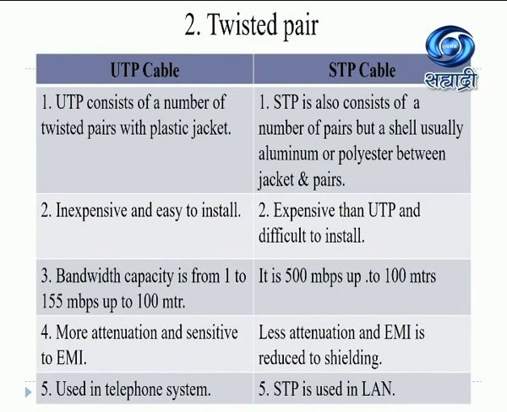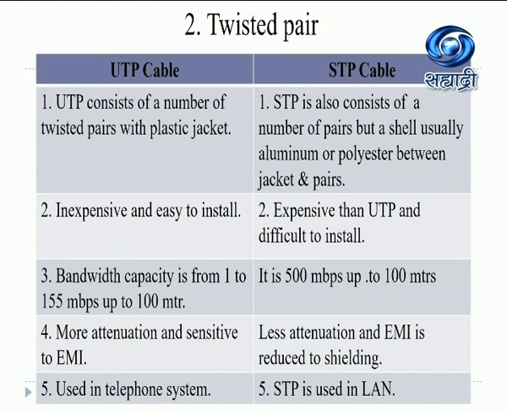In case of the STP cable, it has less attenuation and EMI is reduced by the shielding. The fifth important point: UTP cable is used in telephone systems. So if you are going to prefer a LAN network, we use an STP cable, and if you are going for a telephone system, we prefer a UTP cable.